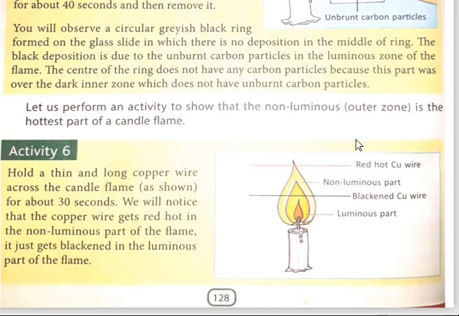So by these three activities, we see how the candle flame produces a lot of heat, how it produces unburnt wax carbon particles, and where wax vapors are born.